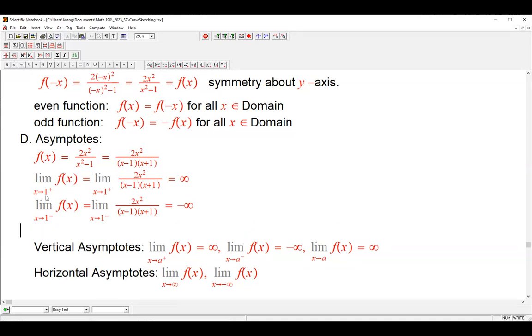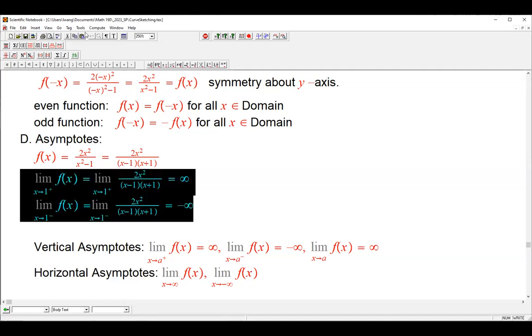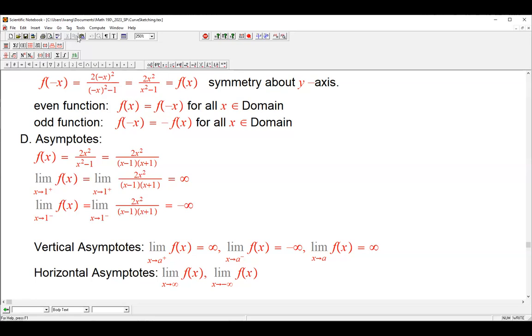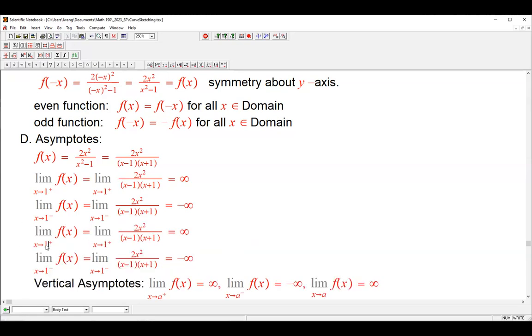How about negative 1? Why do we also consider negative 1? Because negative 1 is not in the domain. So we consider the limit as we approach negative 1 from larger than negative 1. We don't know the answer yet.